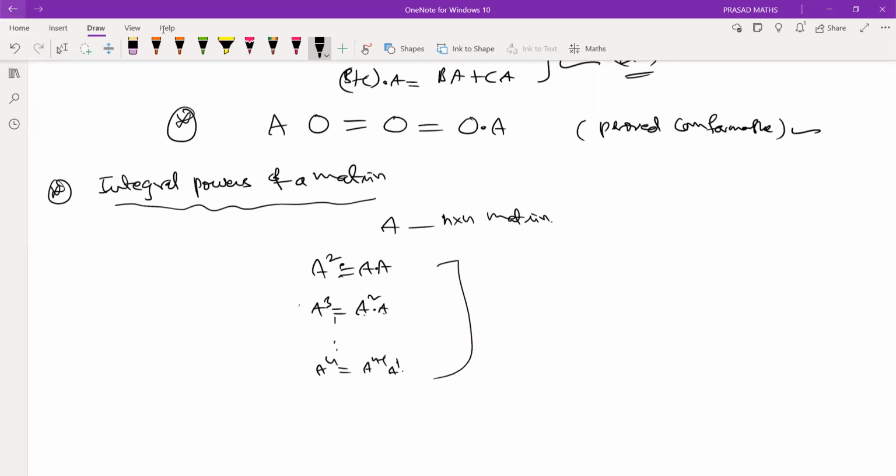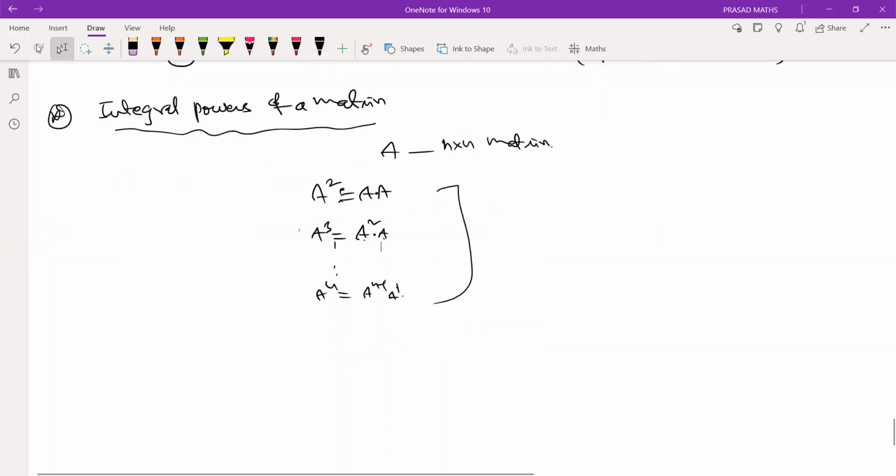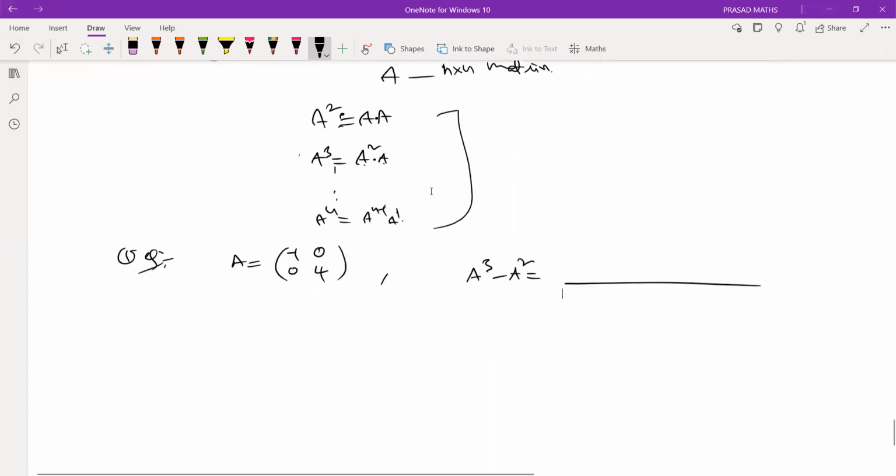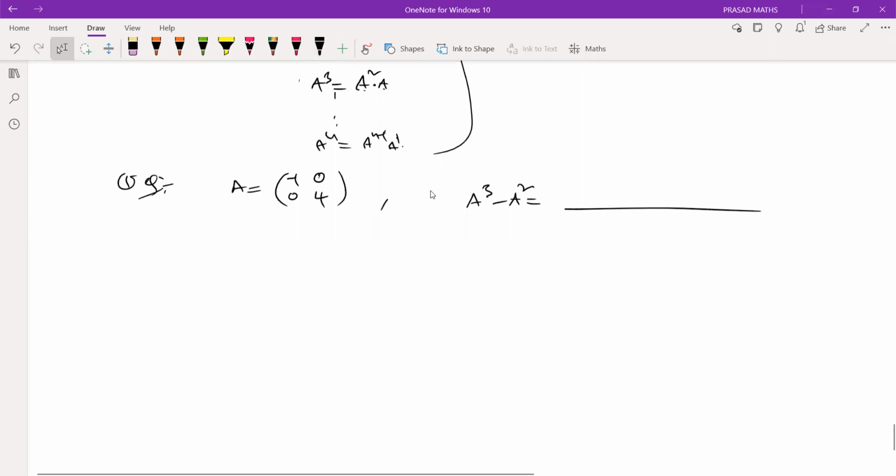Let us start with the simplest example. Suppose A equals the diagonal matrix with entries -1, 0, 0, 4. The question is, what is A cubed minus A squared?